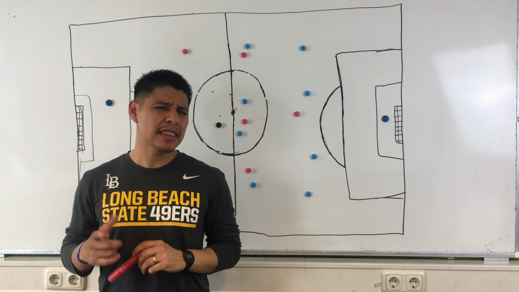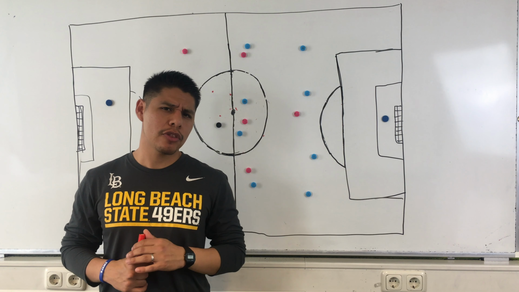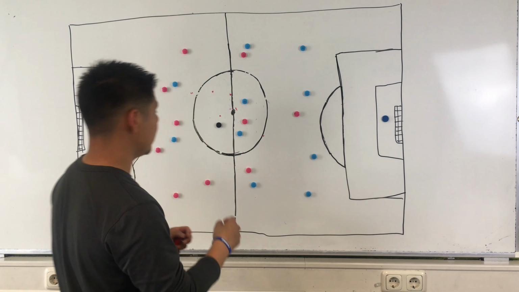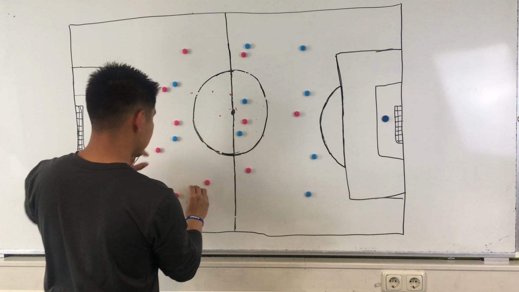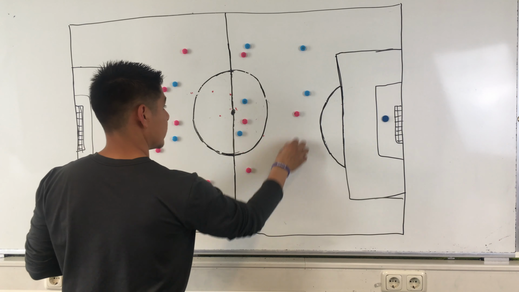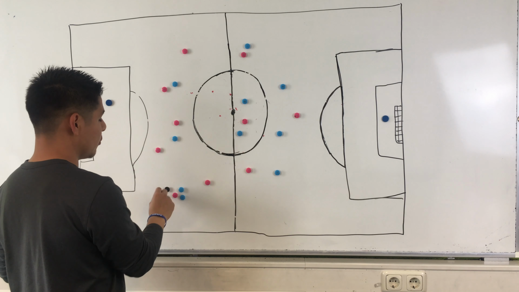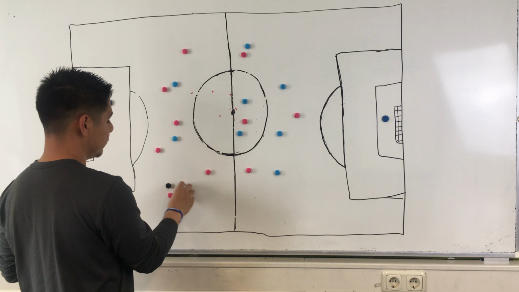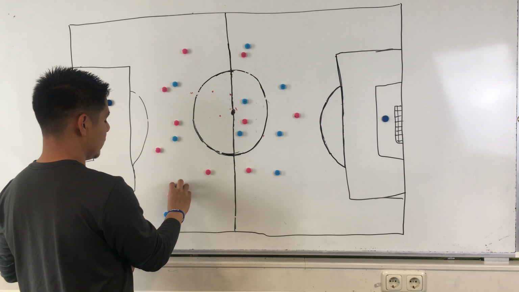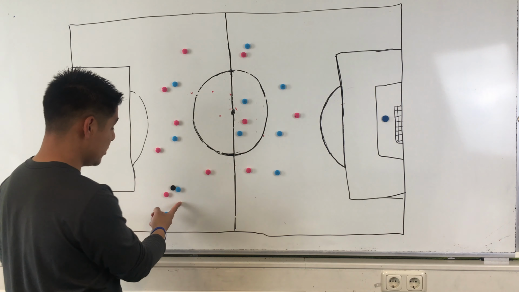Now there is one thing that I forgot to mention for the disadvantages, and that's if you attack with your wings. If you attack with your wings and you lose the ball, right? So let's say you're going for an overlap here, right?